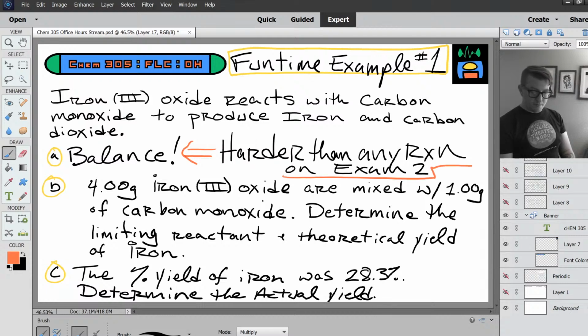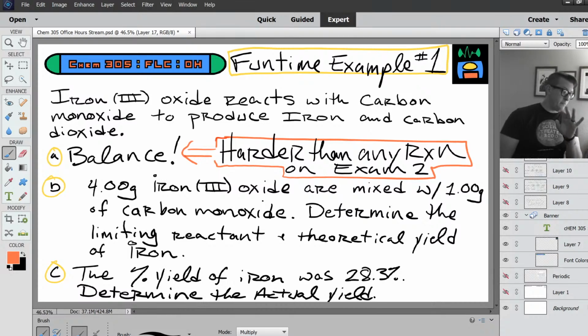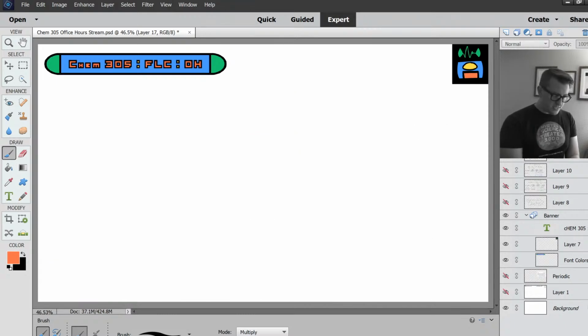I just made up a problem off the top of my head without checking it first, to be honest. And it is solvable. It's just really, really hard. And so anyways, if you're looking at this and you're like, how would I even know how to do that? Don't stress about it. Nothing on exam 2 is challenging like this is challenging. So let me give you part A, and then you guys can progress to part B.